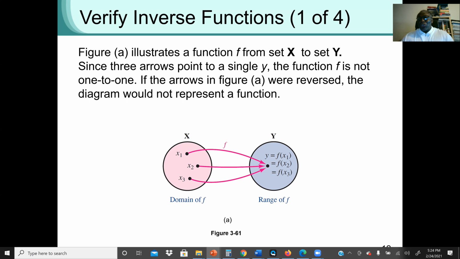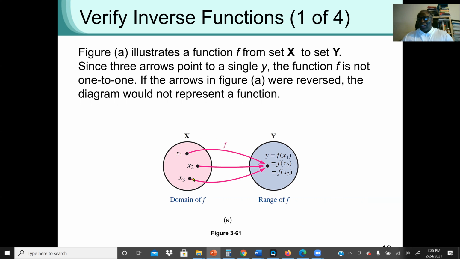Now, if the arrows in figure A were reversed, the diagram will not represent a function, which means if we reverse it, we're going to have the same input, but it generates three different outputs. Then that's not representing a function. A one-to-one function means each x will generate its own unique y value.